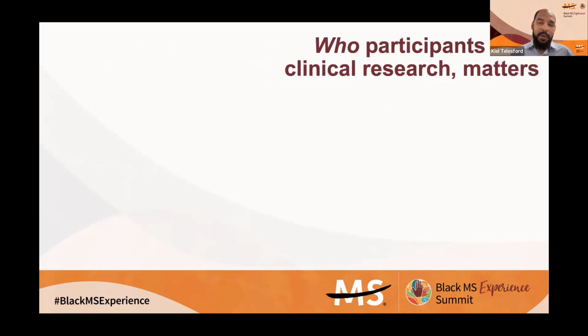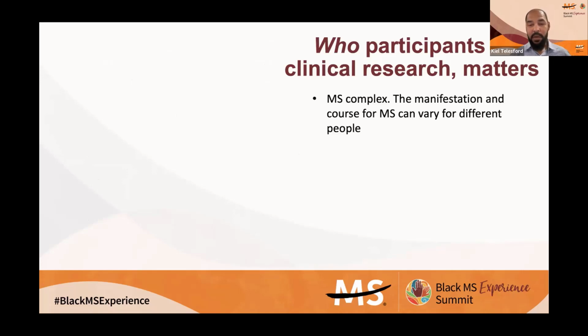Finally, I want to make the point that, as I've been alluding to, who participates in clinical research, whether observational or interventional, really matters. MS is complex. The manifestation and course of MS can vary for different people.